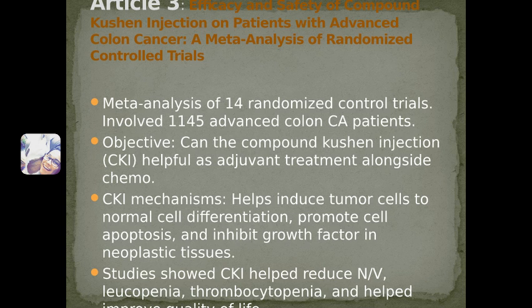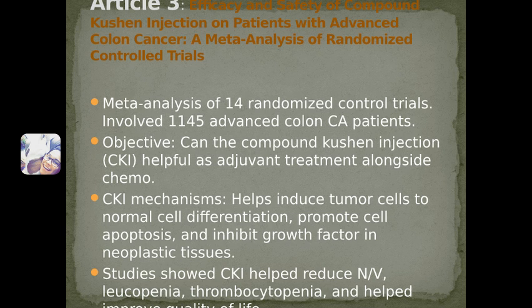This was a meta-analysis of 14 randomized control trials involving 1,145 advanced colon cancer patients. Their objective was to find whether compound Kushen injection was helpful as an adjuvant treatment alongside chemo.